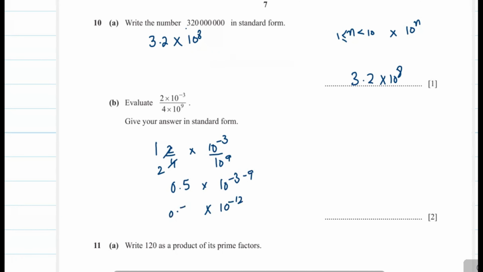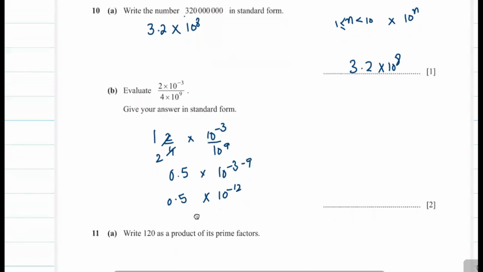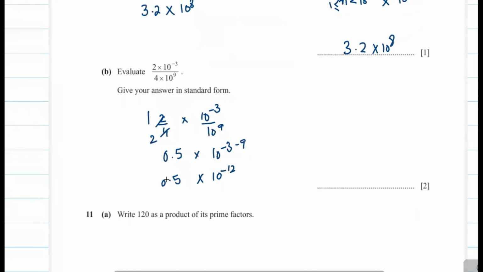Now 0.5, you have to make this number more than 1. Now we shift the decimal from left to right, so we write this number as 5.0 into 10 power minus 1 into 10 power minus 12. That value becomes 5 multiplied by 10 power minus 13, which is the answer.